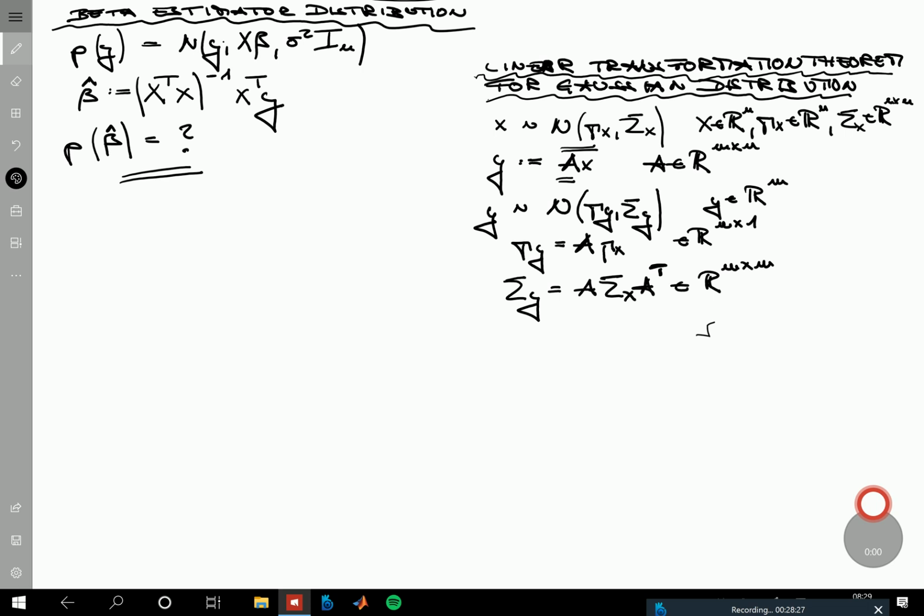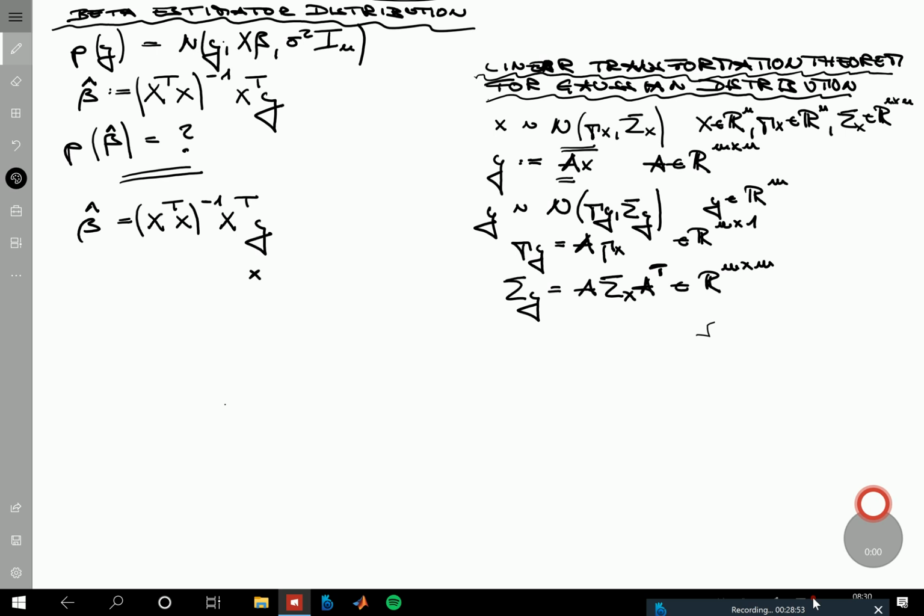Now, of course, our beta hat is defined as (X^T X)^-1 X^T times y. So here you just need to be a little bit flexible. If you look at the linear transformation theorem, then what is called x there is here called y. It's of course a little bit confusing.